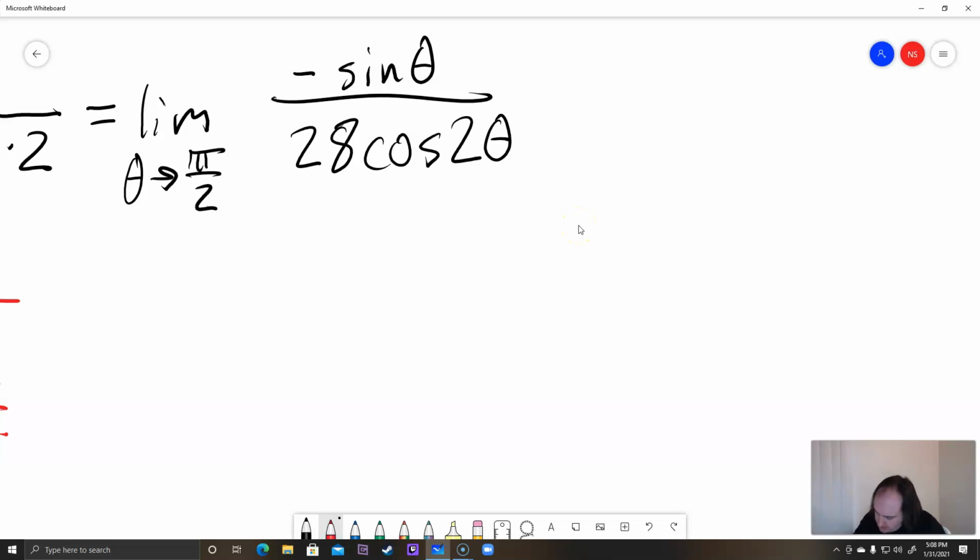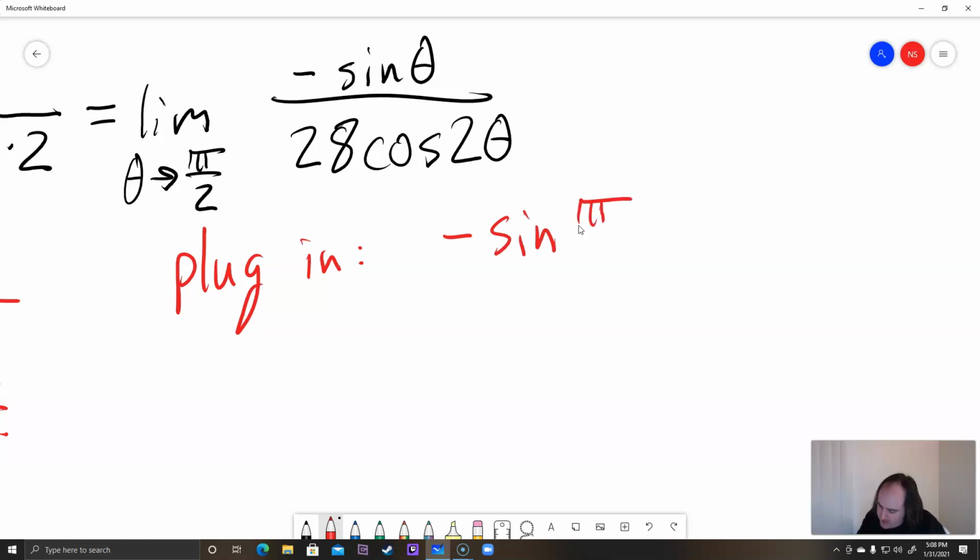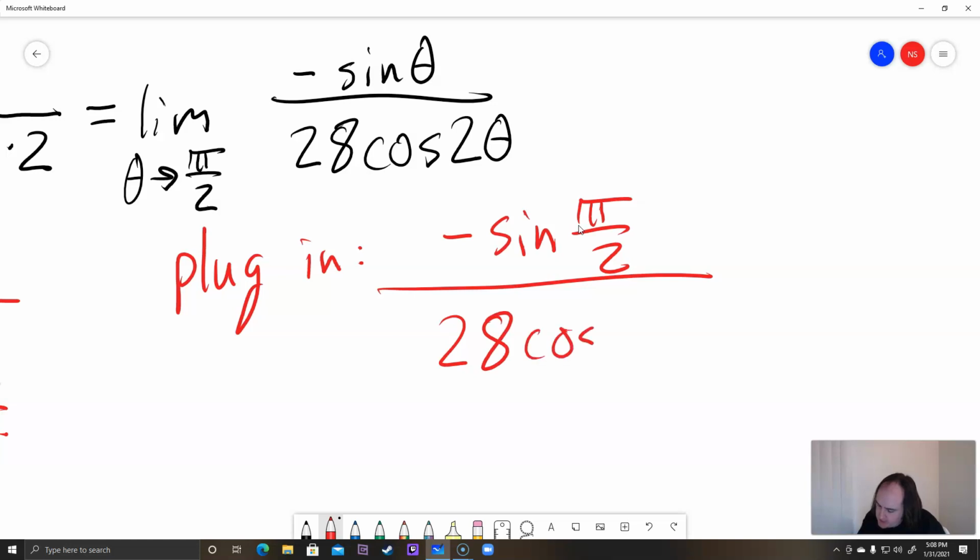Okay, so plugging in once again, plug in pi over 2. On the top we get negative sine of pi over 2, and then on the bottom we get 28 times cosine of 2 times pi over 2. So on the bottom the 2's cancel. Alright, so either using the unit circle or a calculator, on the top we're going to have negative sine of pi over 2.